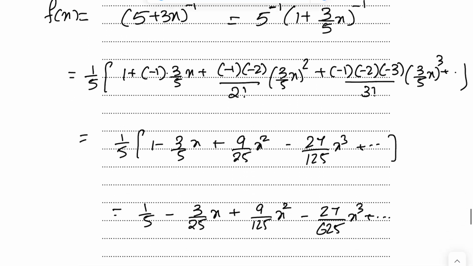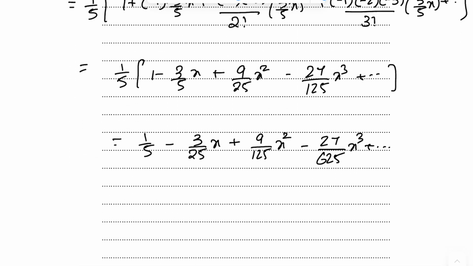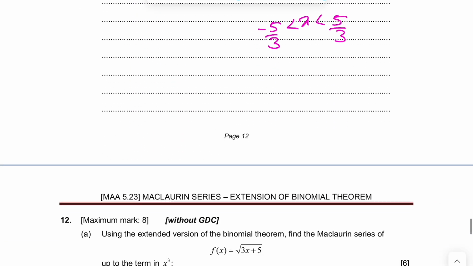Find the values of x for which it converges. When does that converge? When the absolute value of 3x upon 5 is less than 1. It implies the absolute value of x should be less than 5 upon 3, meaning x should lie between negative 5 upon 3 and positive 5 upon 3.